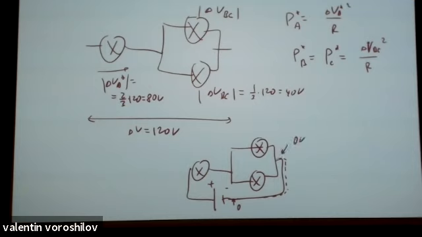But now potential should rise, increase by what value? By 40 volts. That means electric potential here becomes 40 volts. And of course, electric potential here is 40 volts, and here is still 40.